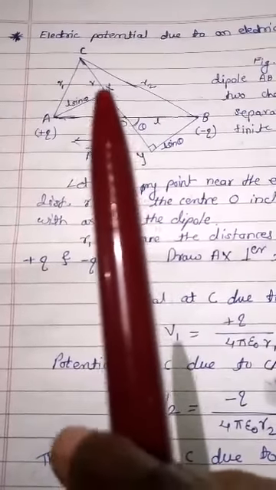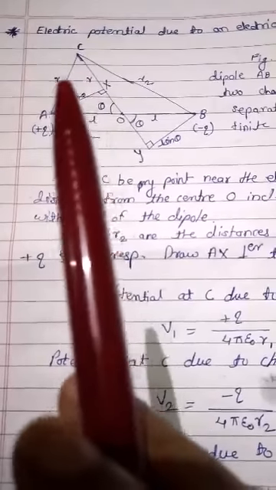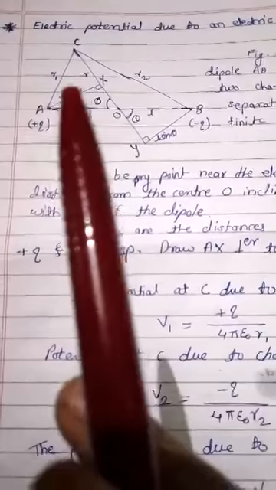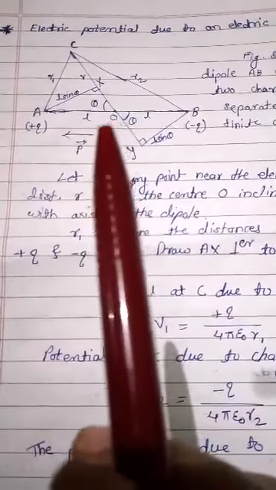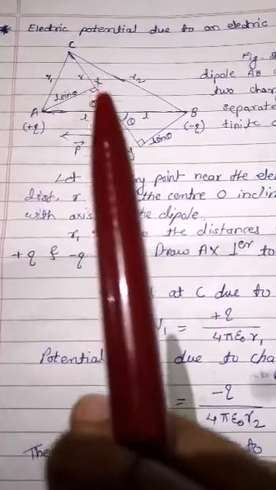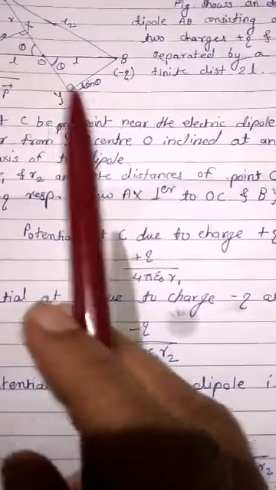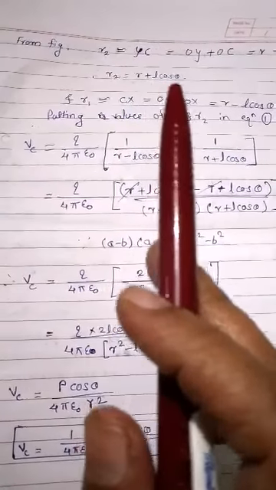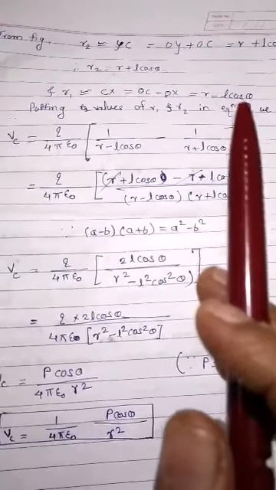So we get R minus L cos theta, because OC is R and OX we already found is L cos theta. So R2 is equal to R plus L cos theta, and R1 is equal to R minus L cos theta.